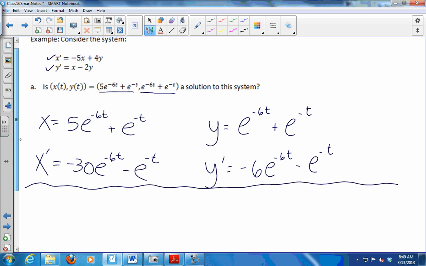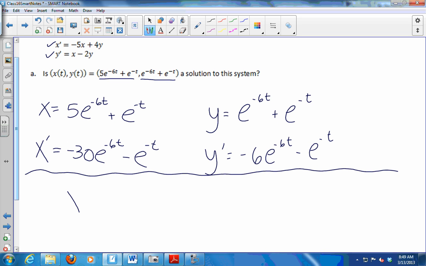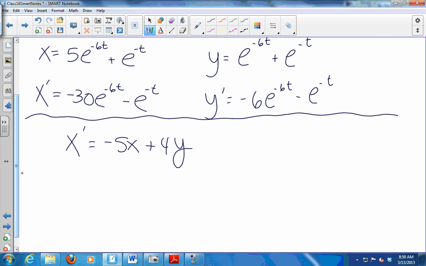Okay, so I'm going to write my first equation down. X prime has to equal negative 5x plus 4y. All right, so x prime is this expression. I'm just going to make a substitution, replace x prime with negative 30 e to the negative 6t minus e to the negative t.